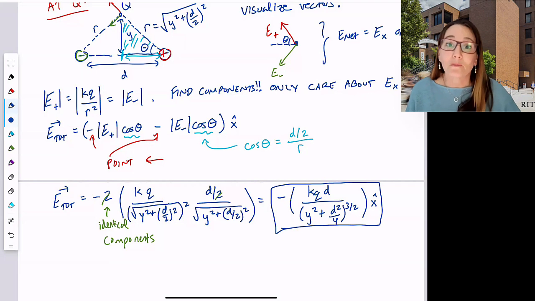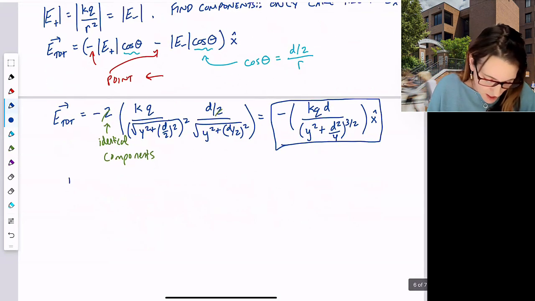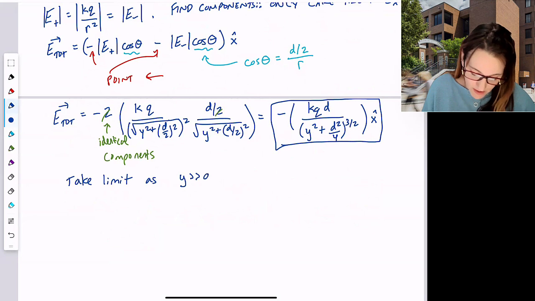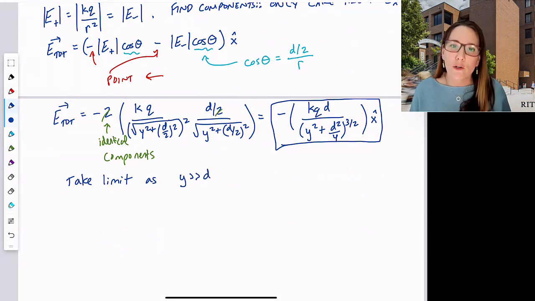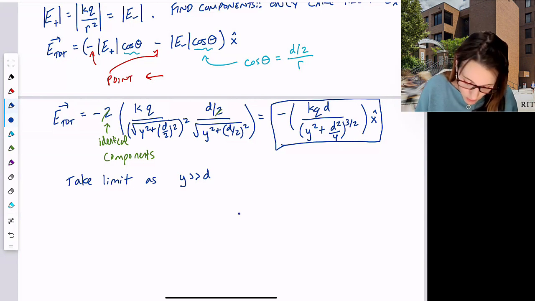And this one is actually a little bit easier to see, that when we take the limit as y becomes much bigger than d. And again, not that y goes to infinity, because then this drops to 0, but just that we have a big y compared to d, so that there's some plus, there's some minus, and then we're very far away, right?